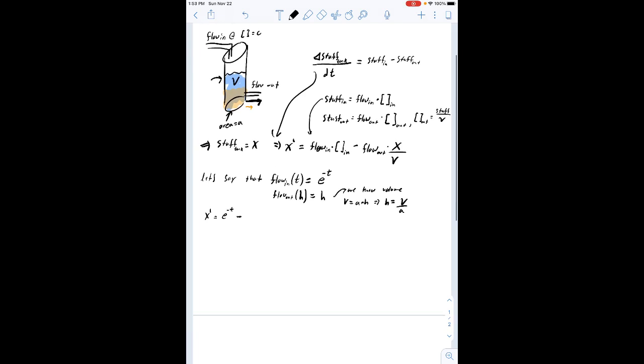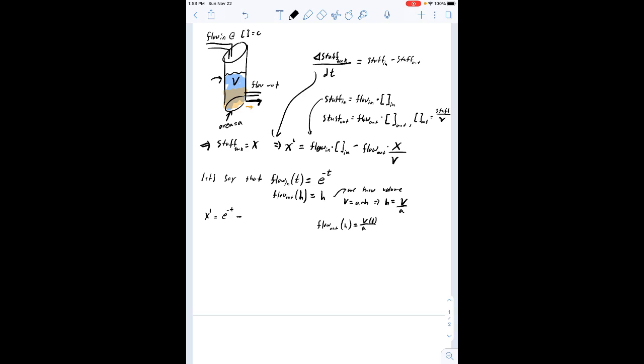Okay? So now we get that our flow out as a function of h is equal to h, which is just equal to V over A. And then since our flow in and our flow out aren't necessarily going to be the same, we know that our volume is actually a function of time, right?